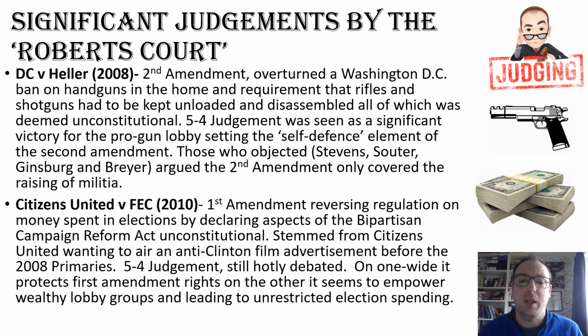It's quite badly split. But it was seen as a really significant victory for the pro-gun lobby, although organisations like the NRA were a bit reluctant to get fully involved in it as it started because they were worried about it losing. But what it did is it set up, as now precedent in constitutional law, this idea of the right to bear arms for self-defence.